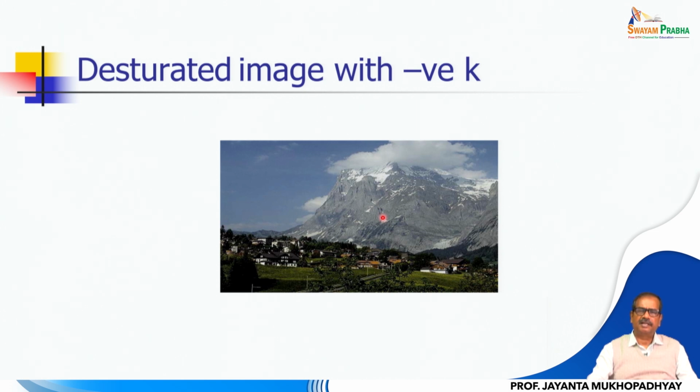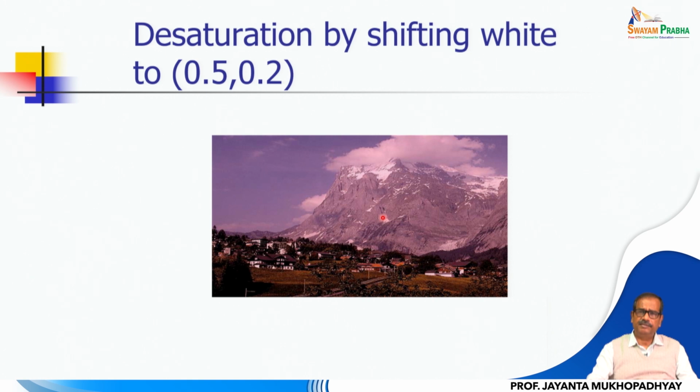Even you can do some more variations. Suppose the background illumination, I have said that you multiply with K, then you have a certain component of the luminance value of the processed image. If you use that as a negative K, then you have a softening effect of the illumination. Even if we shift the white point, then the respective hue of the shifting would also be added.